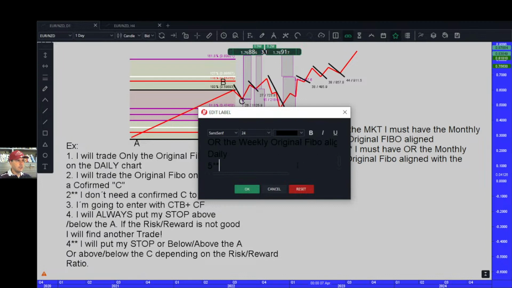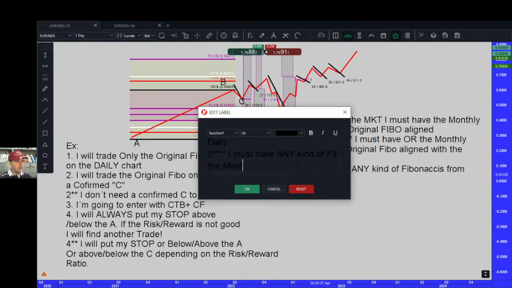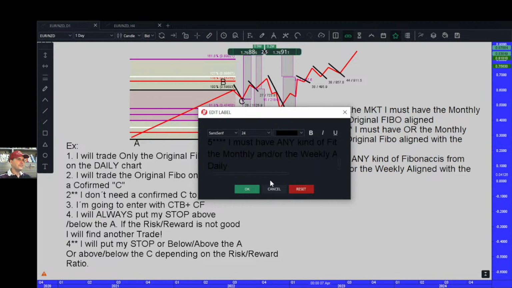5 star, another variation. I must have any kind of Fibonacci's from the monthly and/or the weekly aligned with the daily.